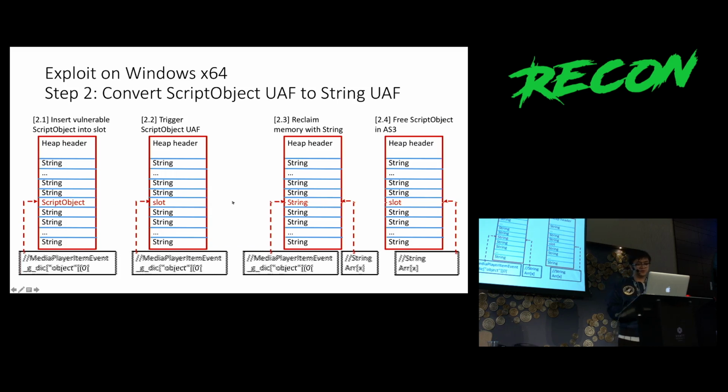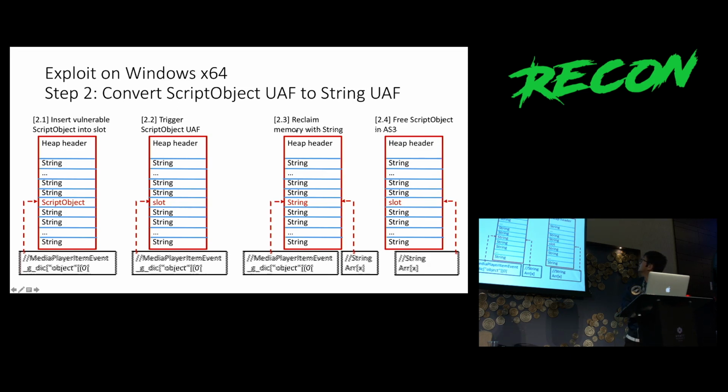The second step is converting script object use-after-free to string use-after-free. Firstly, we insert the vulnerable script object into the slot. And then we trigger script object use-after-free again. The memory is freed, but in the AS3 layer, there's still a reference.